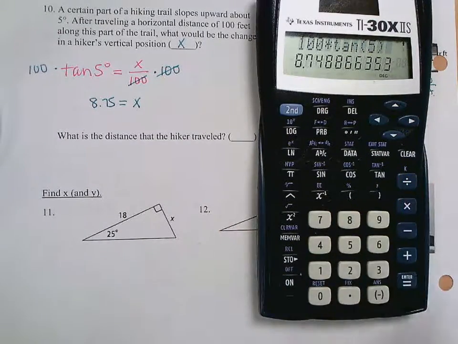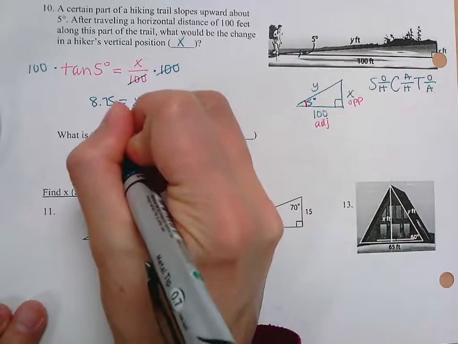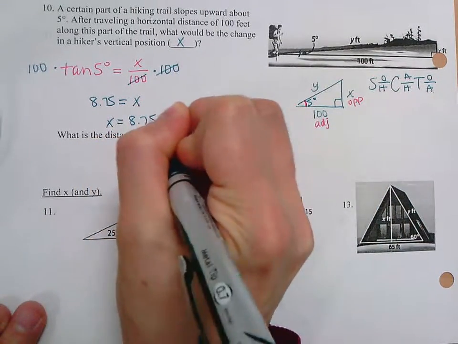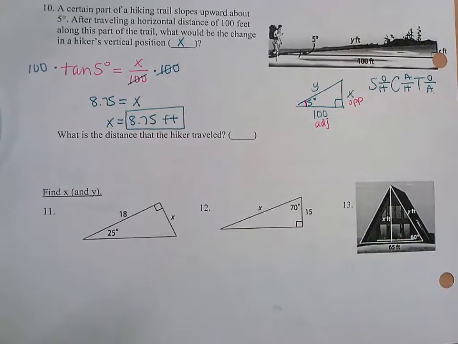Okay, and if you have trouble typing that into your calculator, please let me know. But it would be approximately 8.75, and that's measured in feet. So that is the vertical position.